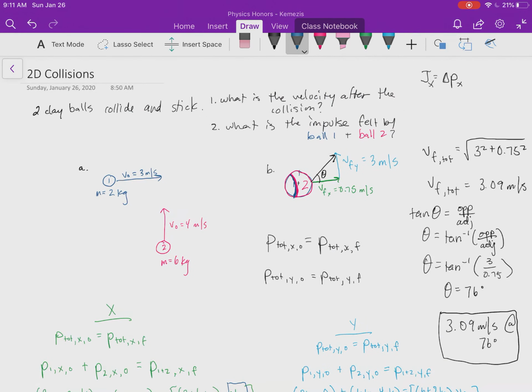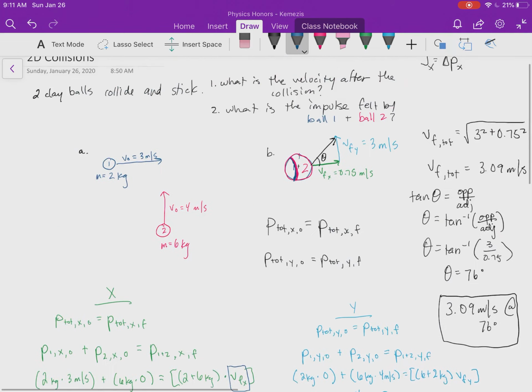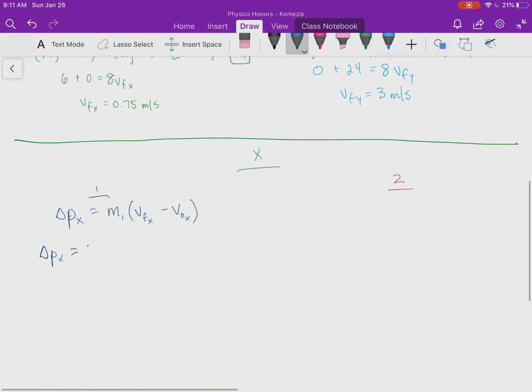And again, when you're looking at this object, yes, it's one individual object, but it's comprised of the mass of object 1 and the mass of object 2, so we can think of it as still having a part that is 2 kilograms and a part that is 6 kilograms. We're going to utilize the information we found in the last problem. For the change in momentum in the x direction for object 1, the mass of object 1 is 2 kilograms.